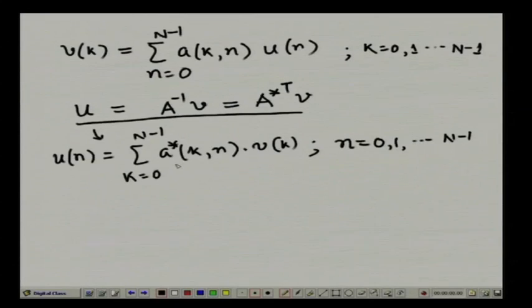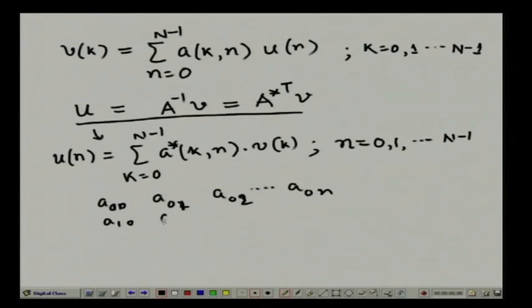Now, you find, what is this A star(k,n)? If I expand this matrix A(k,n), it is of the form A00, A01, A02 up to A0n.